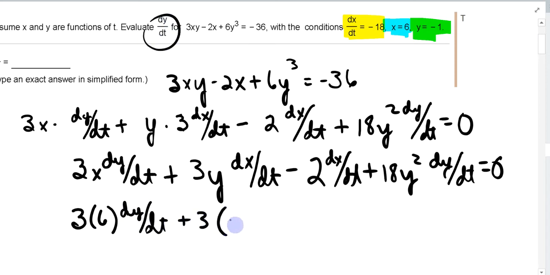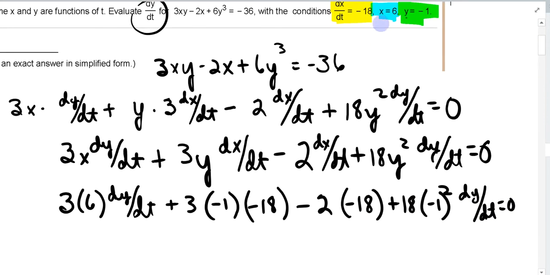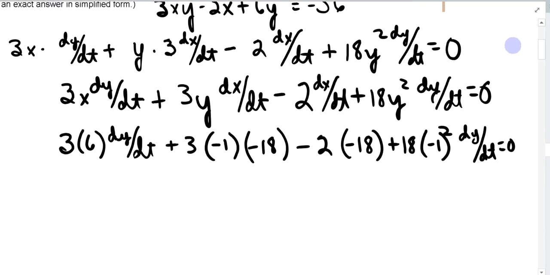Plus 3 times y, which is negative 1, times dx/dt, which is negative 18. Minus 2 times negative 18. Plus 18 times negative 1 squared dy/dt equals 0. I took the things that were given in the problem and plugged in everything we were given, and now we'll clean that up a little more.